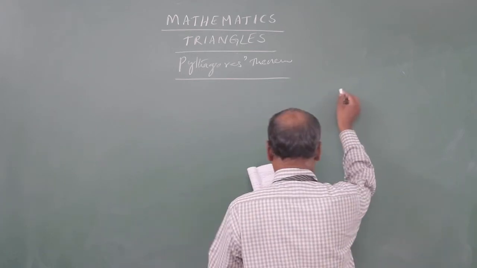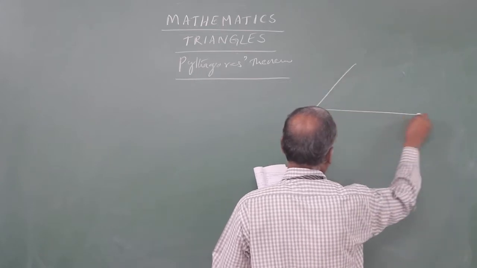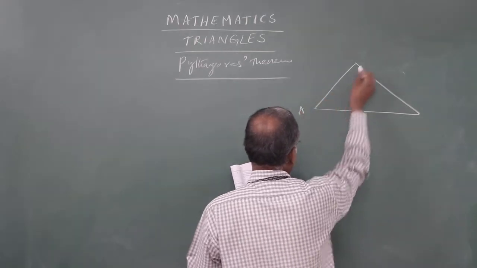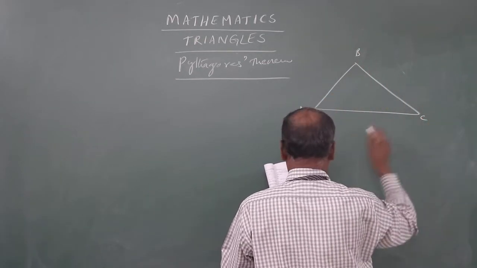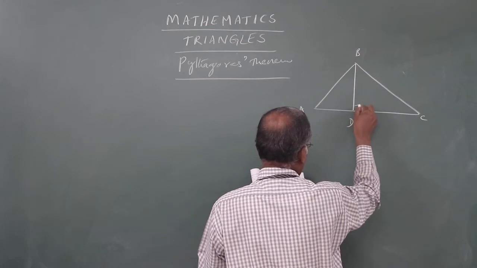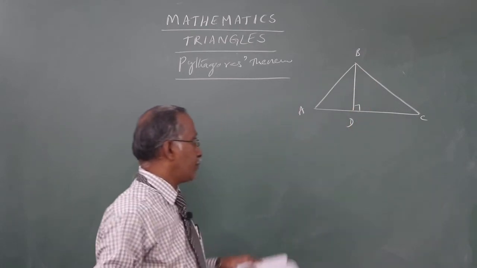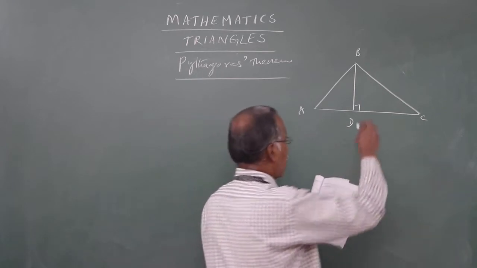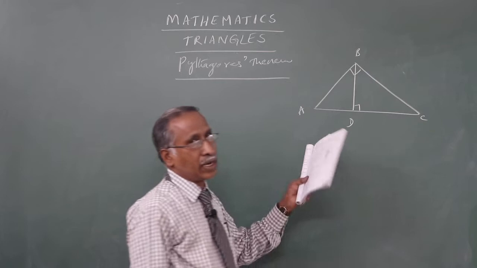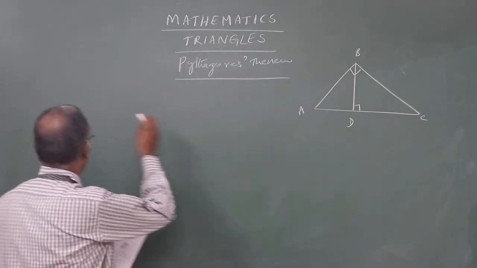Let us draw one figure for this. Here, ABC is a triangle and BD is drawn perpendicular to the hypotenuse. Here, angle ABC is equal to 90 degrees, so it is a right angled triangle.